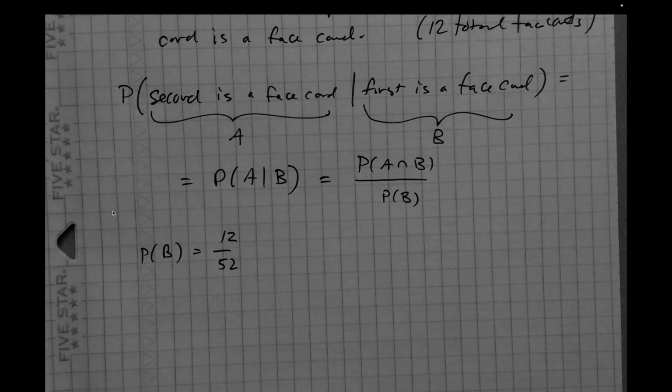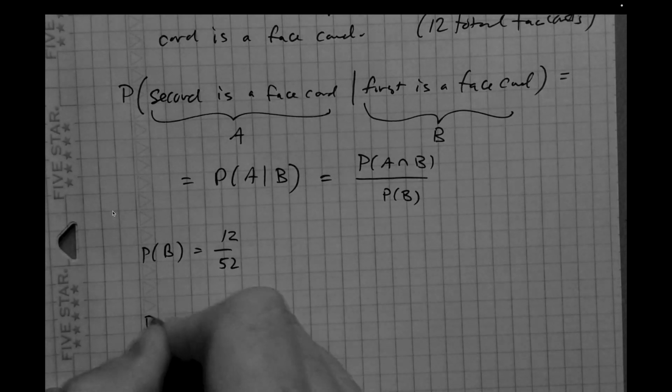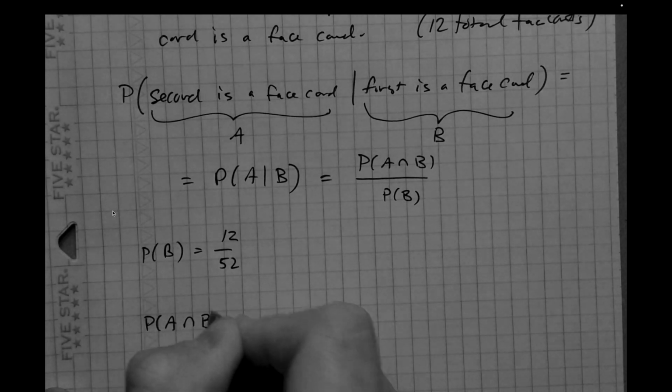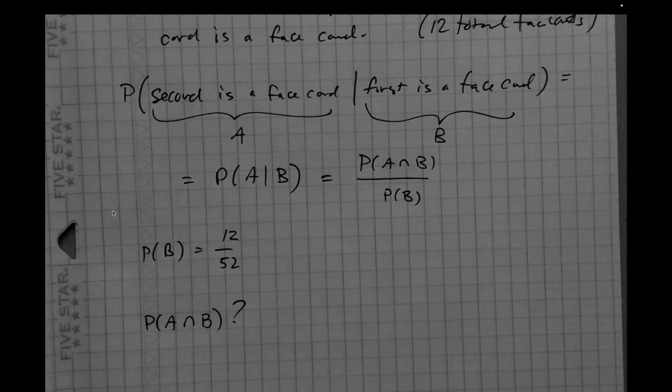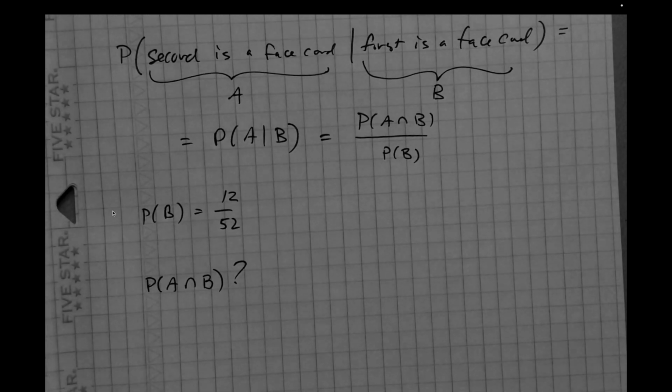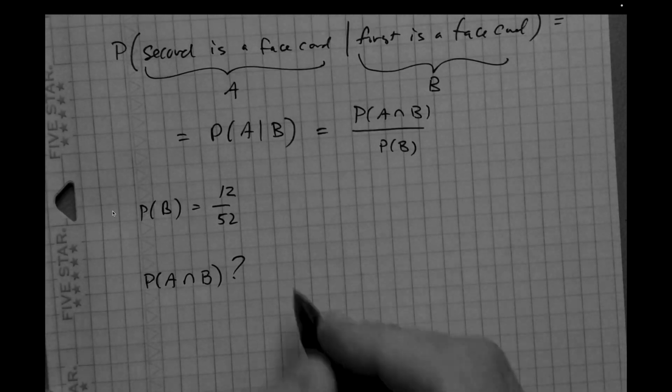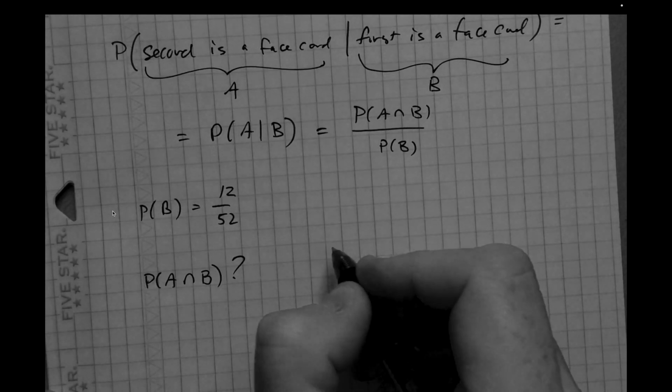What about the probability of A and B? What's that? Well, the number of ways to draw 2 face cards, right? So how many ways can I draw 2 face cards?